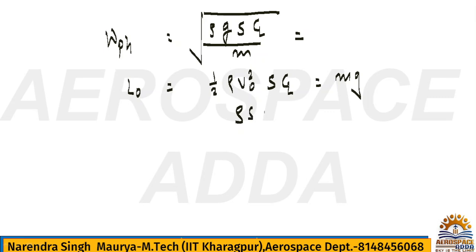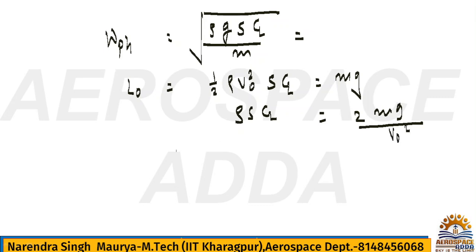Now you can check, rho SCL we have here. If we want to reduce this equation, then rho SCL will be 2 times mg divided by v naught square. This is the value.